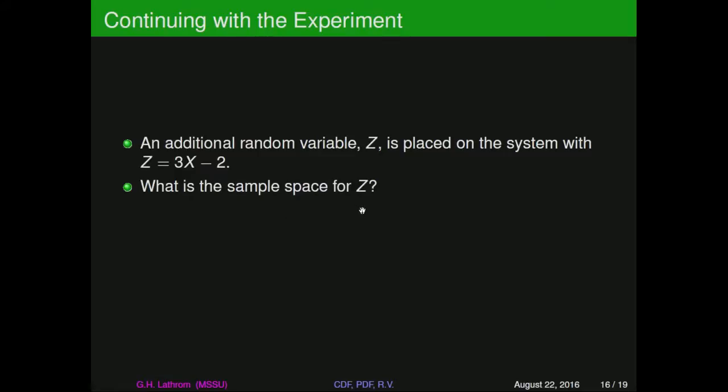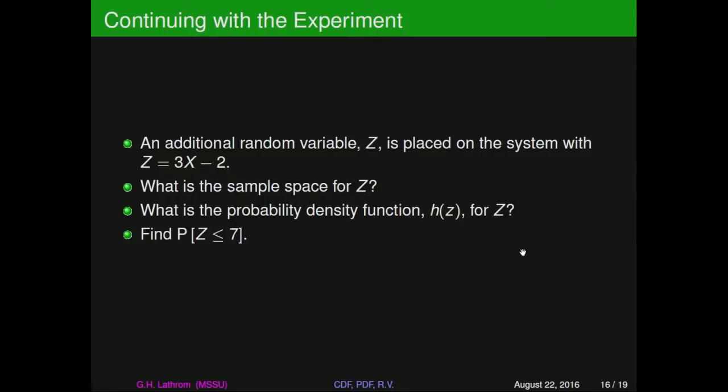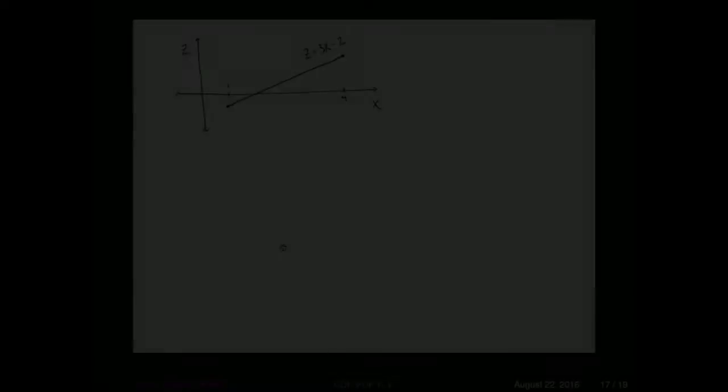What's going to be the sample space for capital Z? And what's going to be the probability density function? So what's the PDF of capital Z? And then finally, what is going to be the probability that capital Z is less than or equal to 7? Let's see if we can find those values.